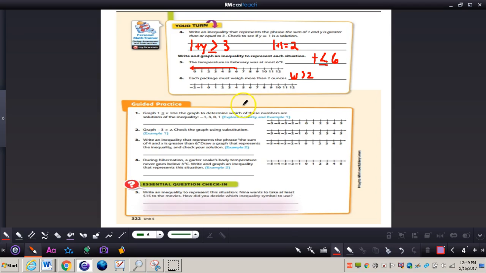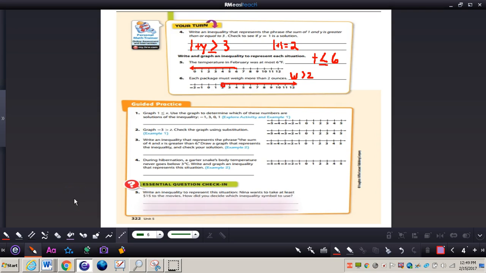So since 2 is not a solution, we will start at 2. We're going to have an open circle at 2. And then we will fill in the rest of the number line, ending with an arrow, showing that the solution can continue on much further past 12, and there's an infinite amount of solutions after 12.